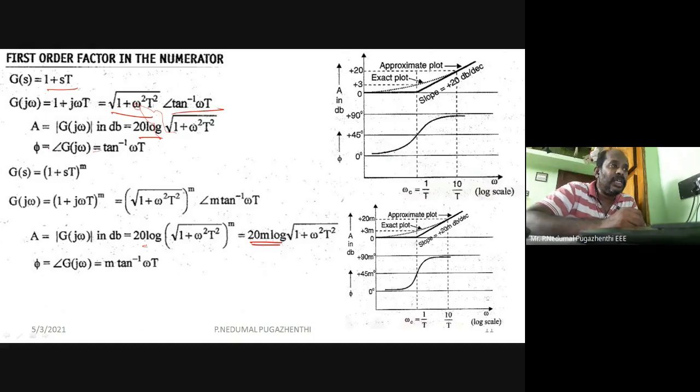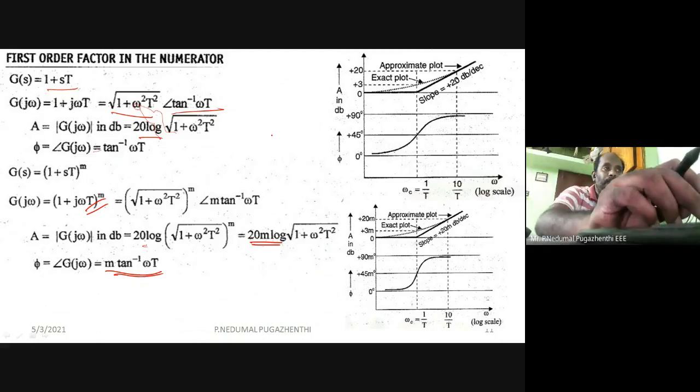And the angle is going to be tan inverse of omega T, no change. If it is of higher power, then it is going to be m into tan inverse of omega T. And you will get a positive slope, with sharp cuts if the power is much higher. So this is for a first order factor in the numerator.